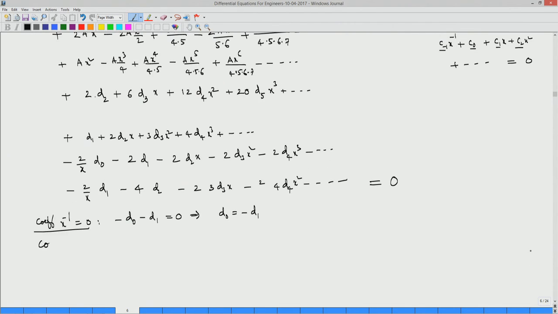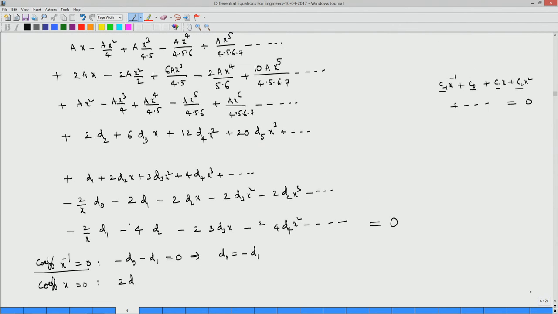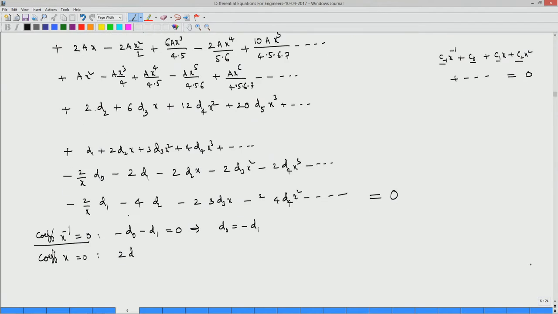And then coefficient of x power 0, the constant, is 0. This will give me 2d2 plus d1 and then minus 2d1 minus 4d2, which is equal to 0. So, if you add it, this is going to be minus 2d2 minus d1, which is equal to 0. So, you can write d2 as minus 1 by 2 d1.